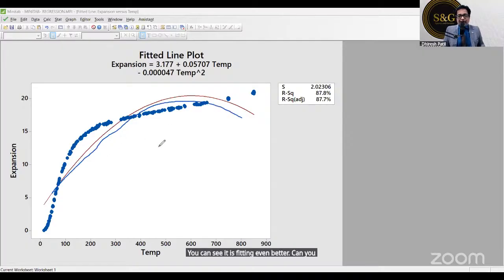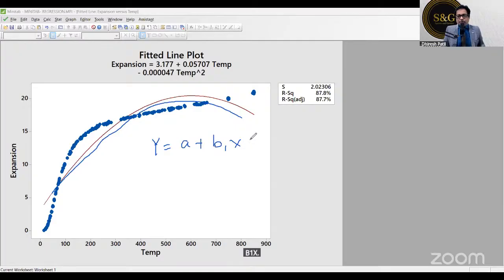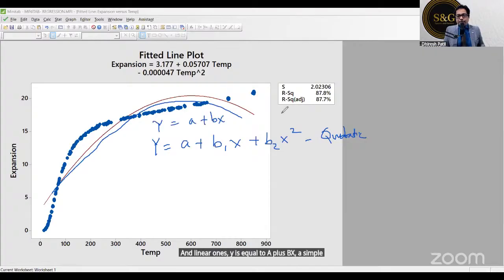And the equation is like this: y is equal to a plus b1x plus b2x square. So this is called a quadratic equation. And linear was y is equal to a plus bx, a simple linear equation.